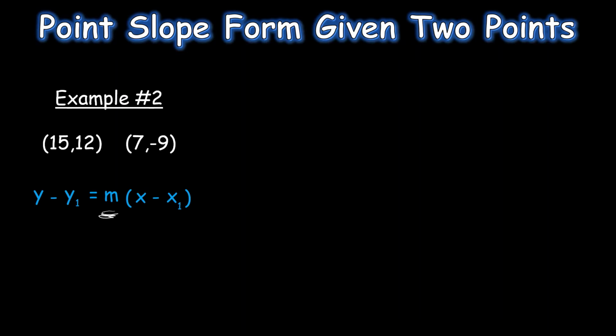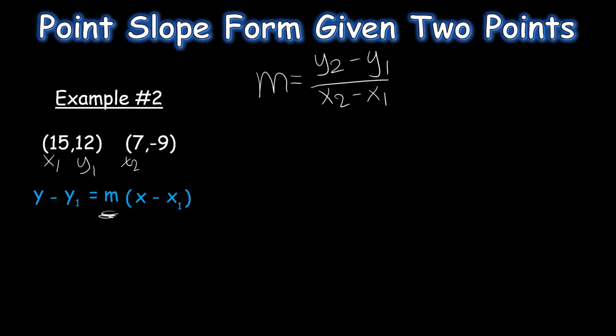We're going to be using this equation again, which is m equals y sub 2 minus y sub 1 over x sub 2 minus x sub 1. And we label our given values, so 15 will be x sub 1, 12 will be y sub 1, 7 will be x sub 2, and negative 9 will be y sub 2.